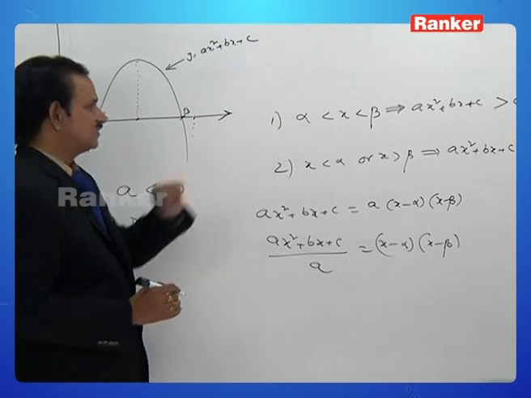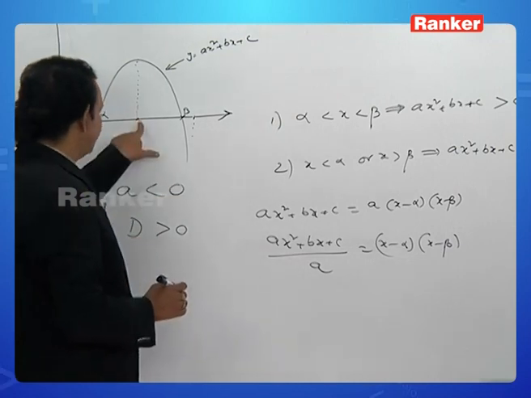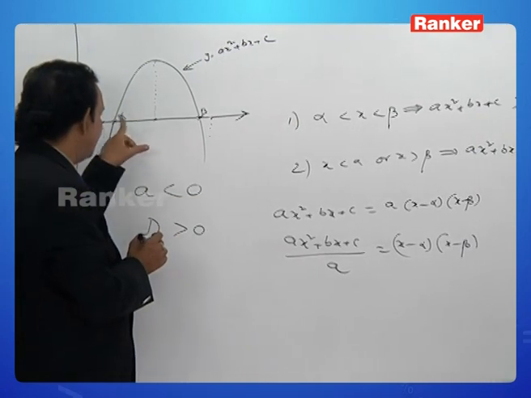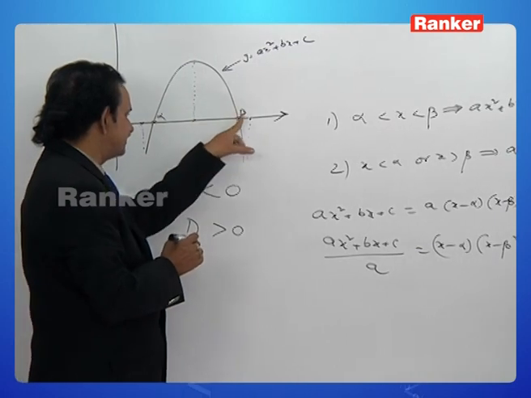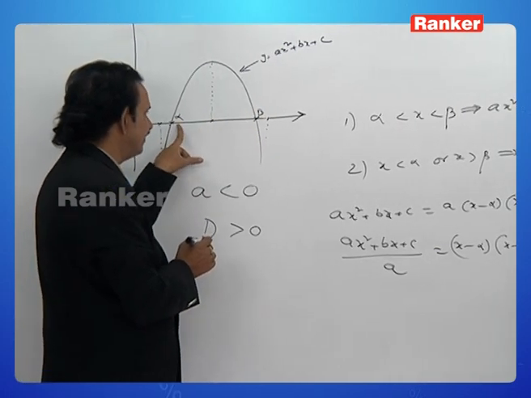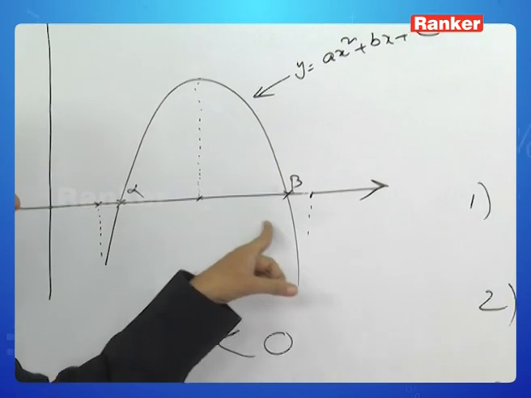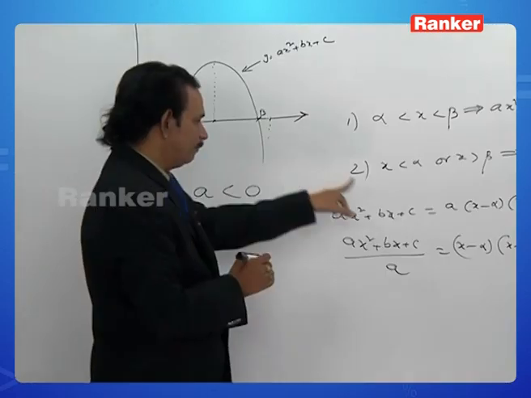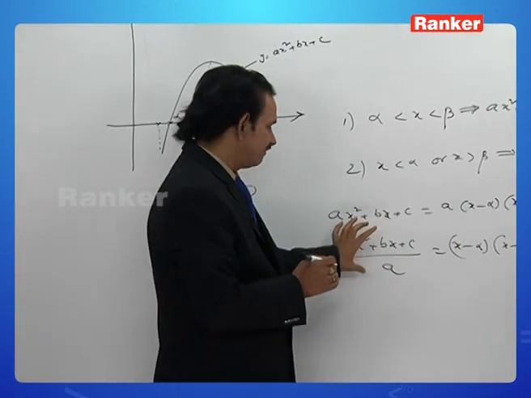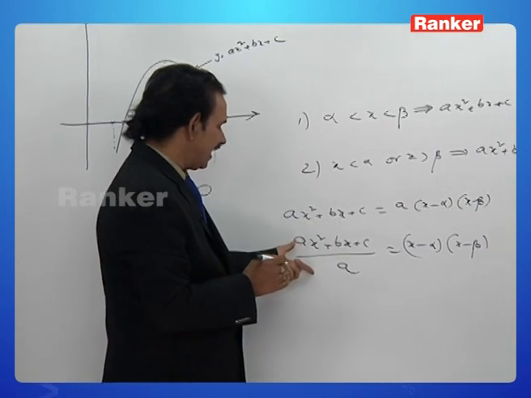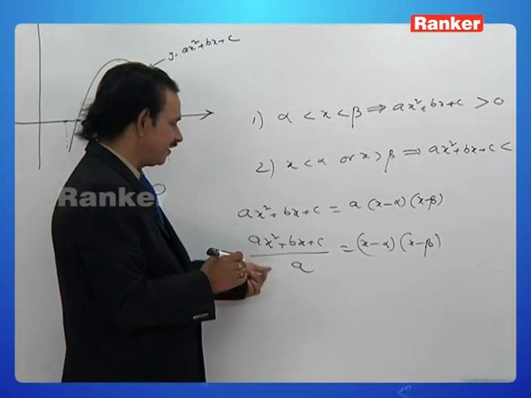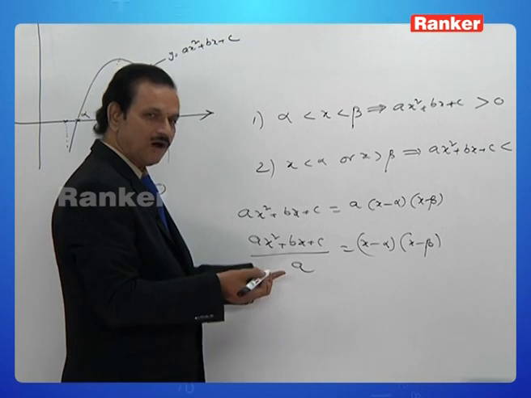Good. First case, if x lies here, what do you say? Alpha less than x less than beta. So x minus alpha is positive and x minus beta is negative. Product is negative. Fraction is negative.